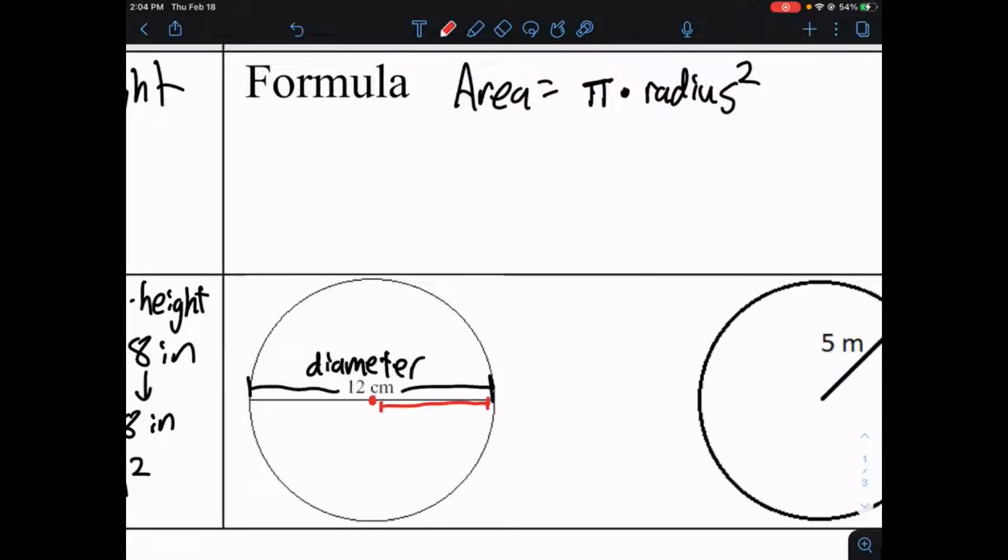Okay, so if you look at it, it takes 2 radiuses, or radii, to make the diameter. So a single radius is half of a diameter. So half of 12 would tell you that the radius is 6.